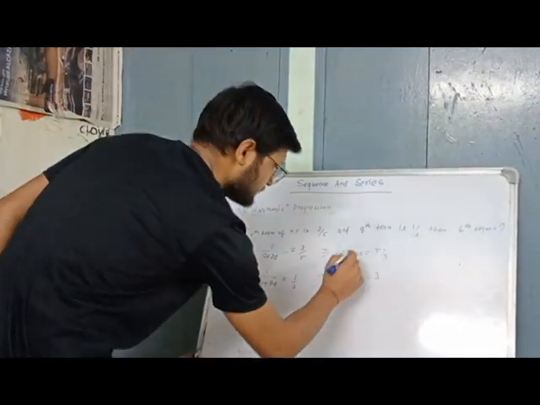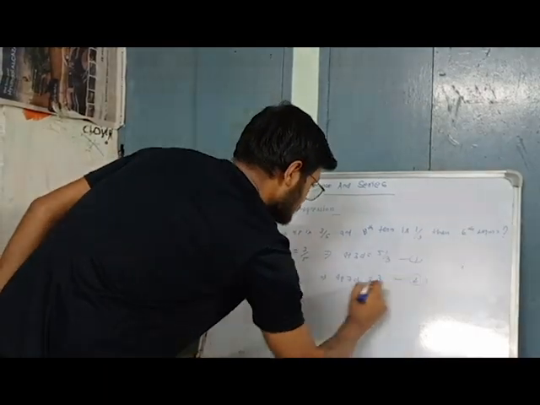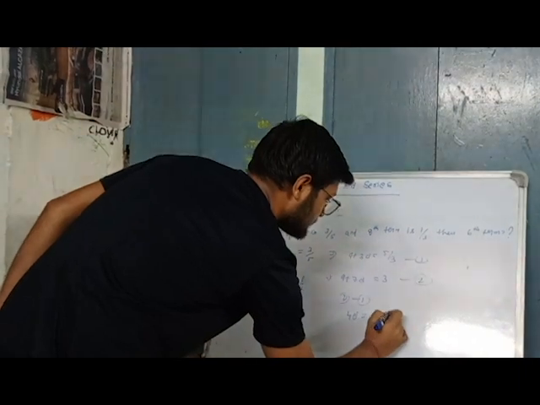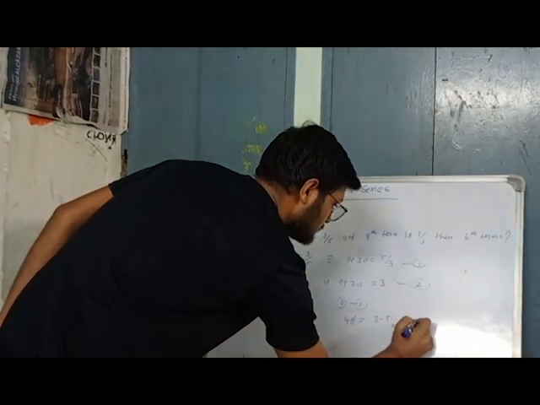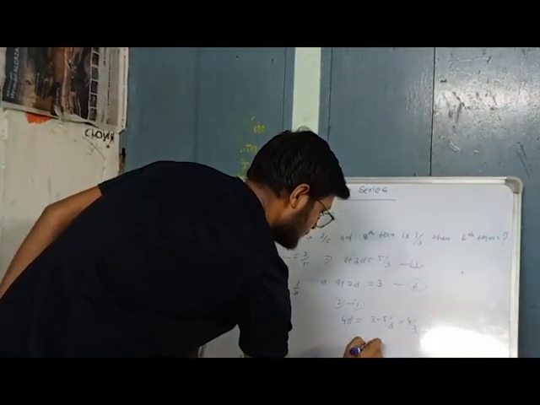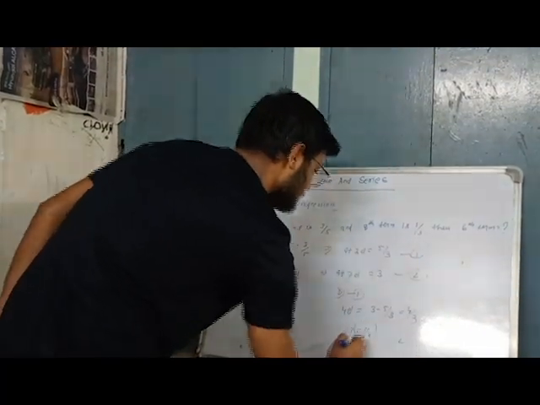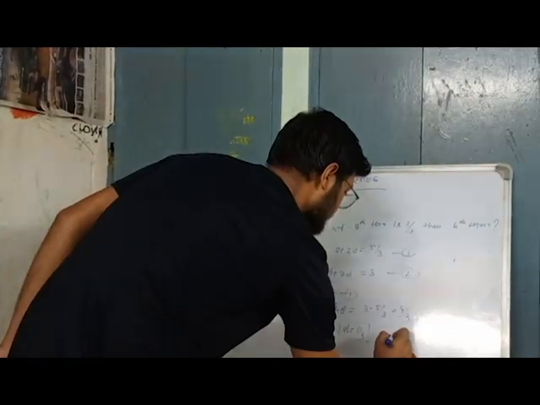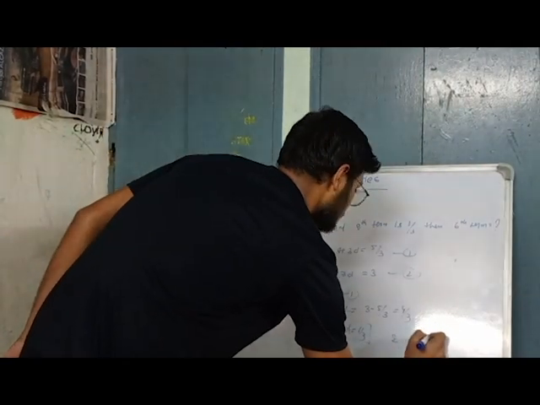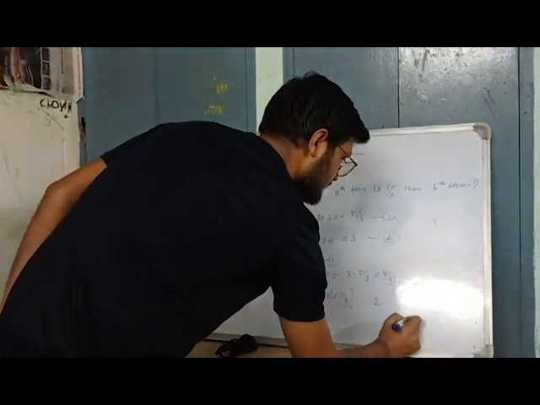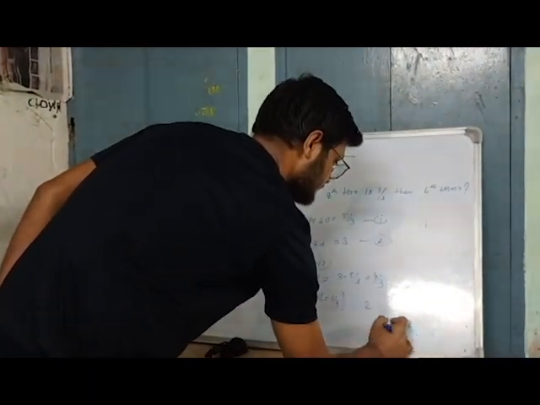By solving, in equation 2 minus 1, 4d is equal to 3 minus 5 by 3, which is equal to 4 by 3, so d equals 1 by 3. And by putting the value of it in equation 1, a equals 5 by 3 minus 1, which is a equals 2 by 3.